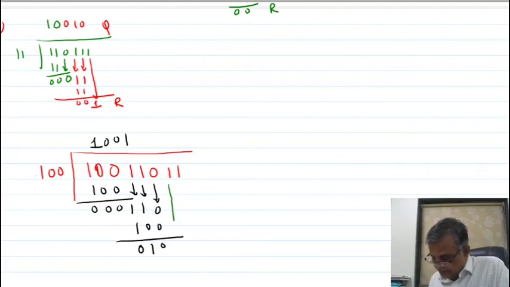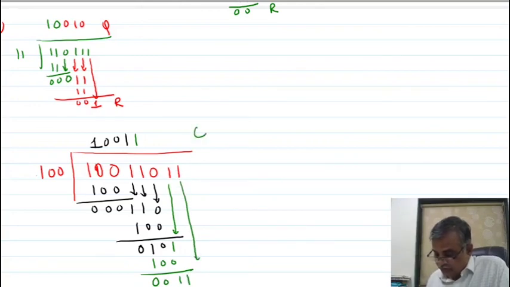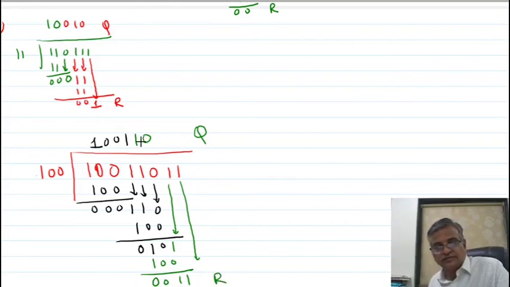Now I am taking down, so it is 1, it is 100. Now I am taking this down, so I am writing 1. So this is my quotient and this is my remainder. If I am taking down, I am putting 0. You do more practice for this.